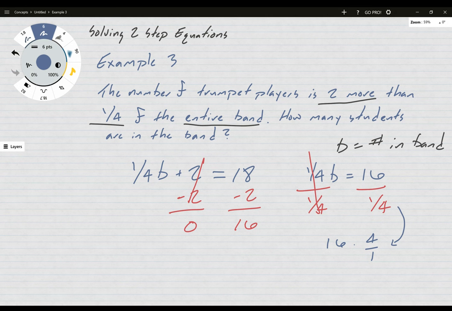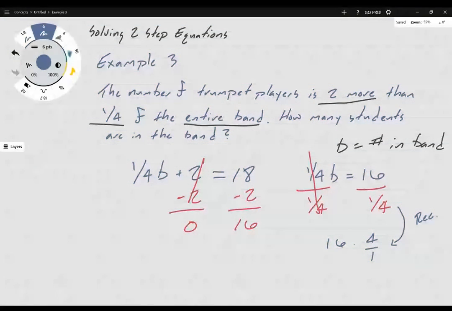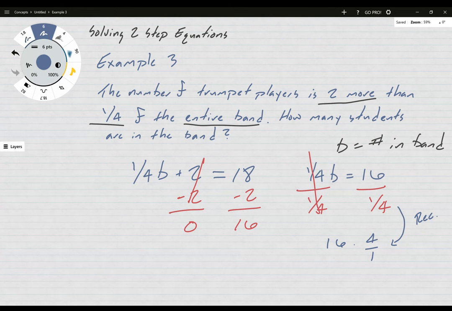Sorry, not inverse, reciprocal. 1/4 and 4/1 are reciprocals. Dividing by a fraction is the same thing as multiplying by the reciprocal. So now I just have 16 multiplied by 4, because 4 over 1 just equals 4. So 16 multiplied by 4 equals 64. So there's a total of 64 band members.